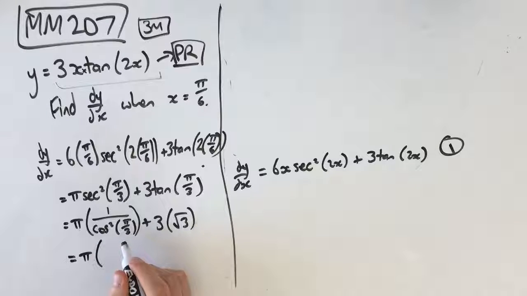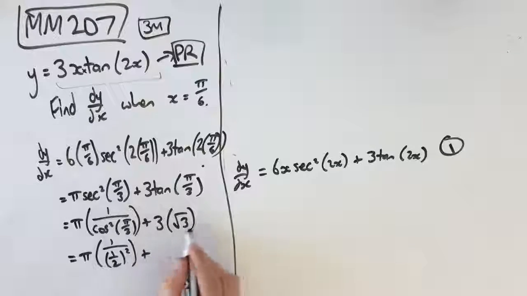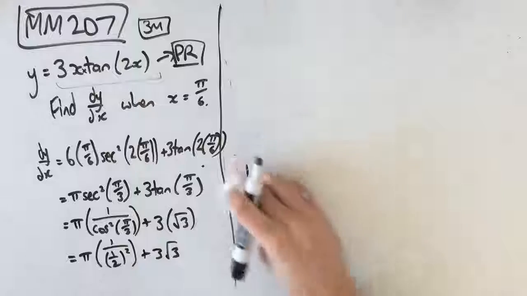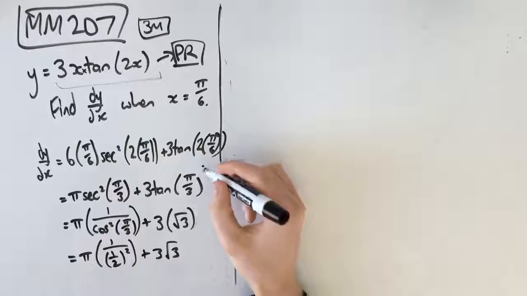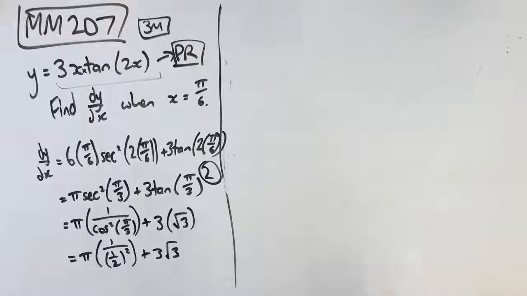So cos of pi on 3 is 1/2, which means that cos squared of pi on 3 is going to be 1/2 squared. Okay, so 1 over 1/2 squared plus 3 root 3. Oh, and by the way, guys, your second mark comes in somewhere around here.